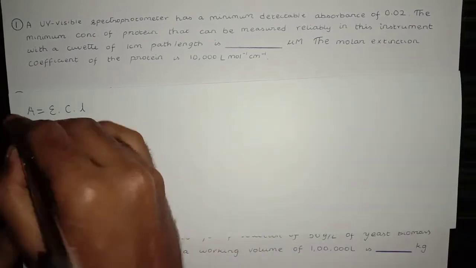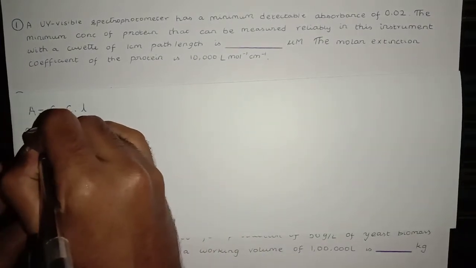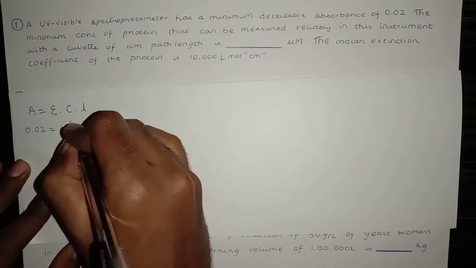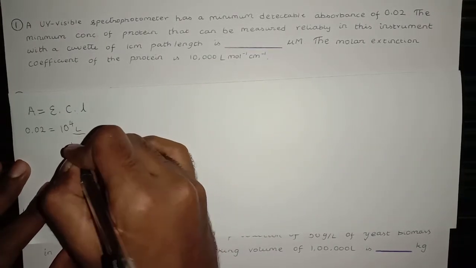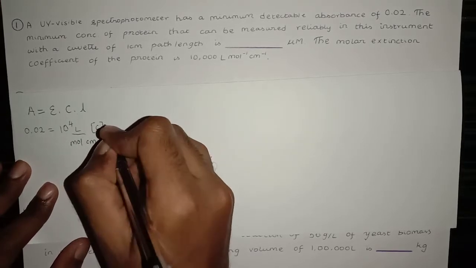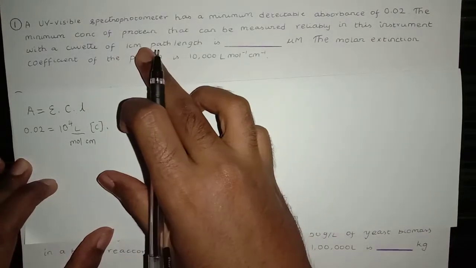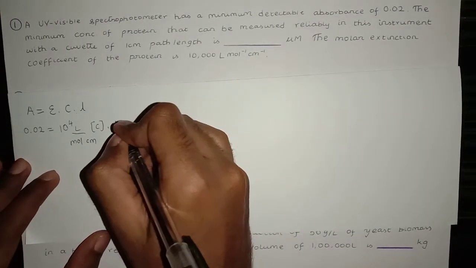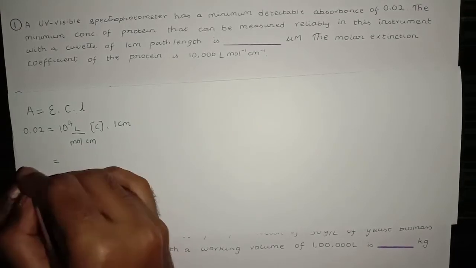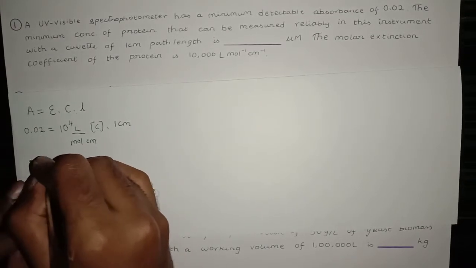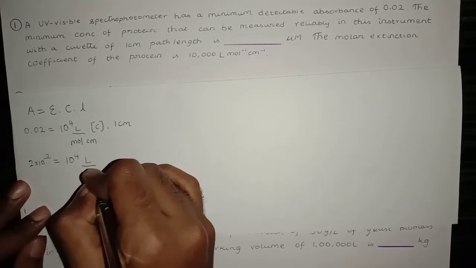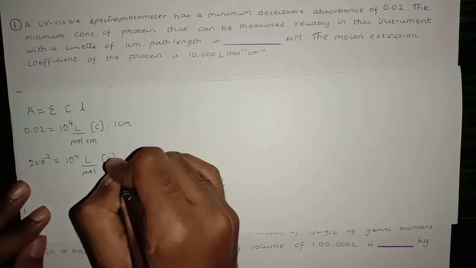So given A is 0.02, 0.02 is equal to epsilon 10 raised to the power 4 liter over mole times centimeter, times concentration, times path length 1 centimeter. So 0.02 is 2 into 10 raised to the power negative 2, equal to 10 power 4 liter per mole into concentration.